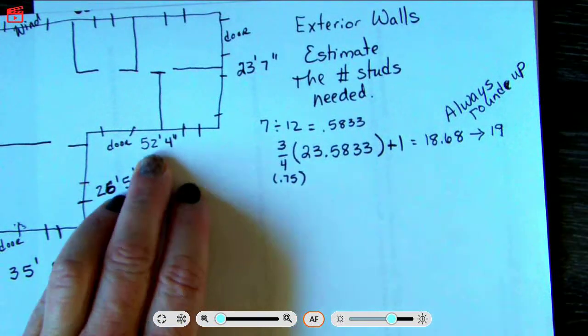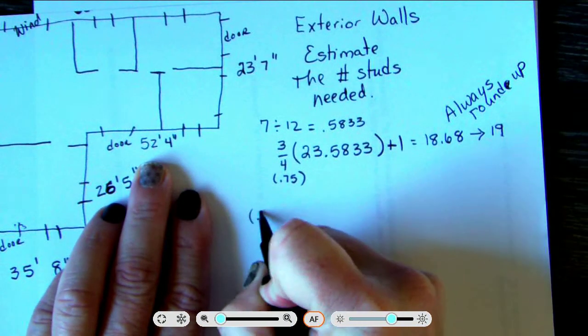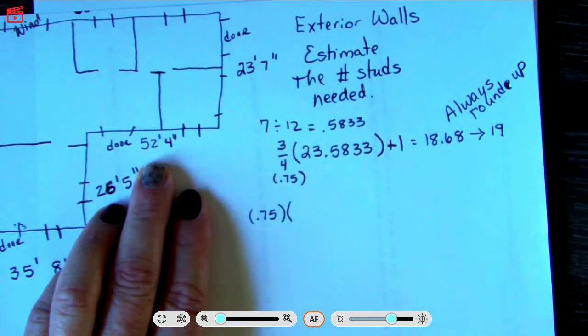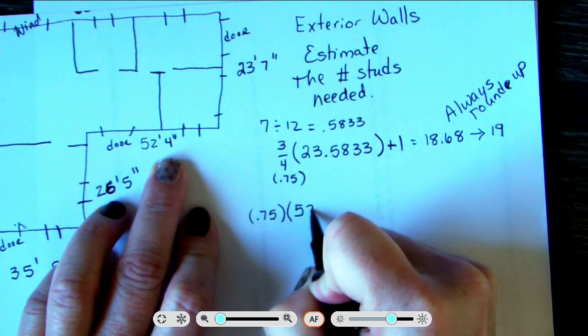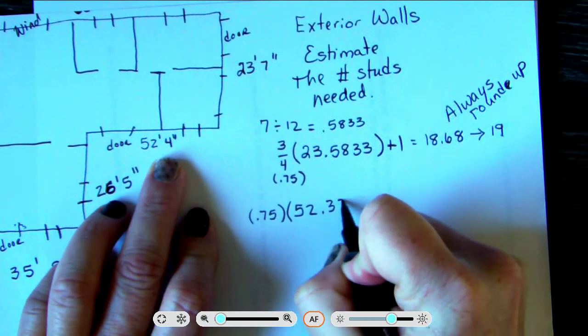All right, so we're going to move to this piece, and we're going to take that 3/4 at 0.75 times that wall length. So I'm going to need to take that 4 divided by 12 again. So my 4 divided by 12, that gives me a bunch of 3s.